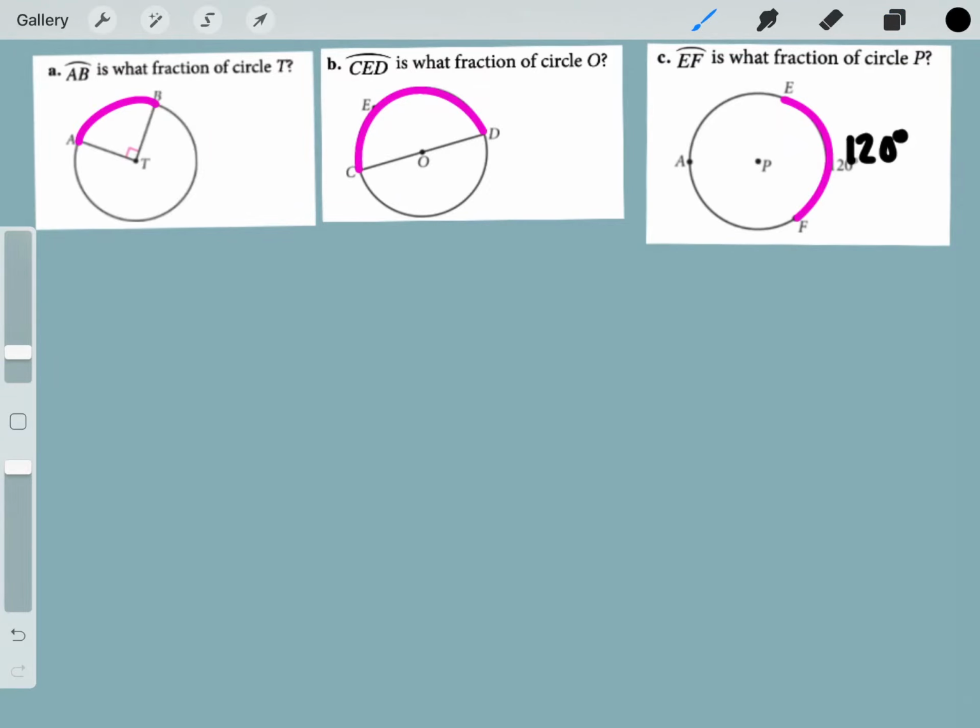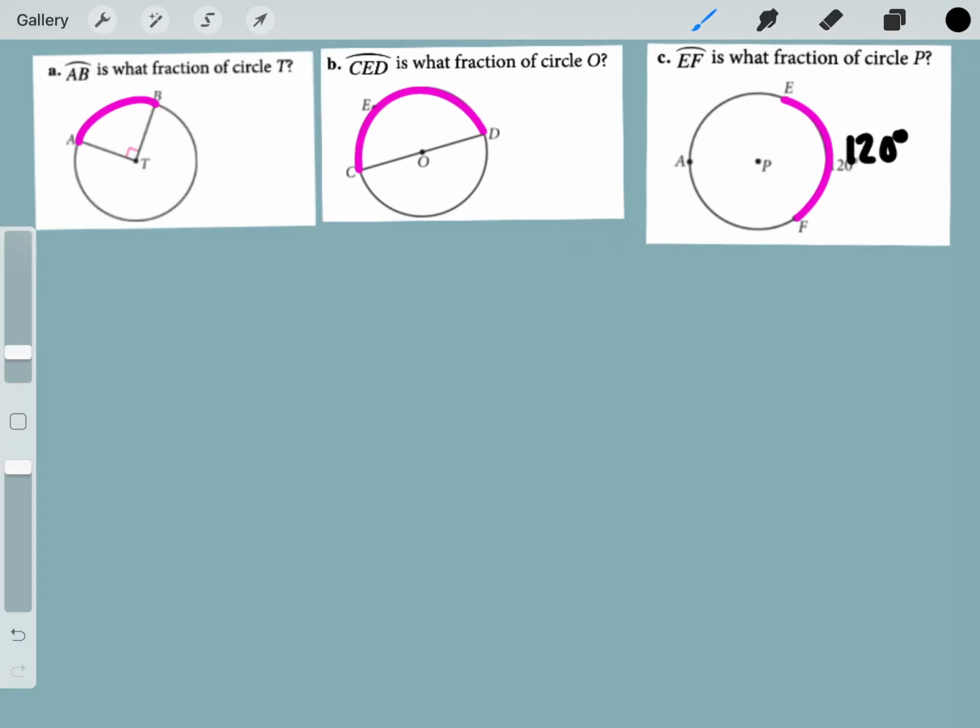So I want you to go ahead and answer, what fraction of the circle T is arc AB? So knowing that it's a right angle there, we have 360 degrees in a circle. What fraction, reduced to simplest term, is arc AB?